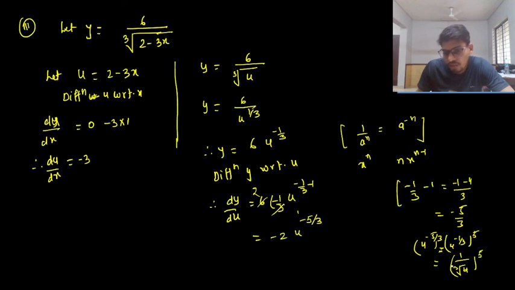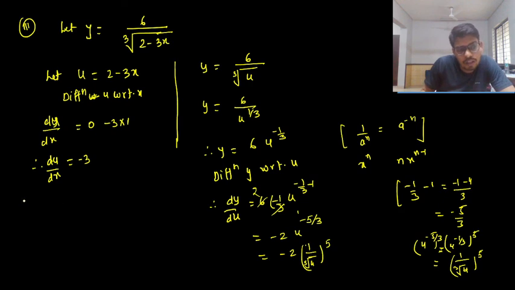In this way also you can write it. Okay, so instead of writing this I will prefer to write this format. So it will be minus 2 times 1 upon cube root of u and overall power.